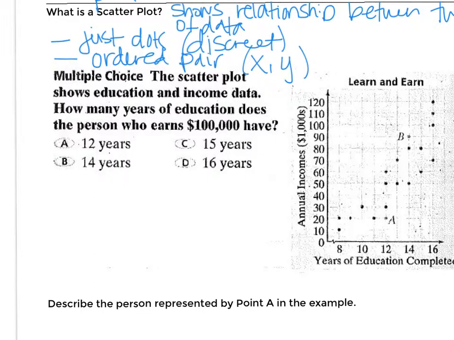If you go across, here is a dot right here. That is the $100,000 income, and it has taken 16 years to complete. So on your notes, you should mark 16 years.